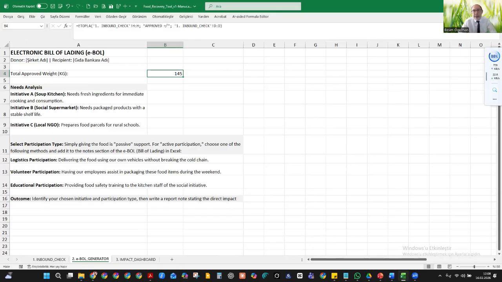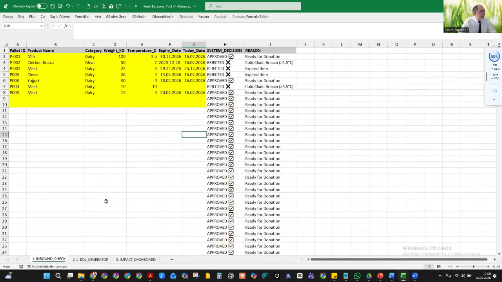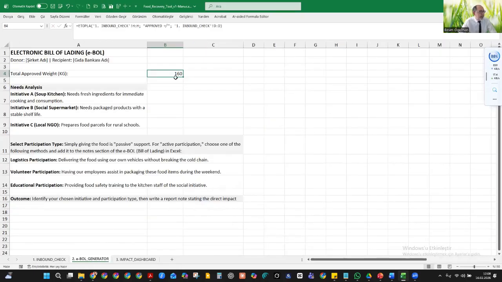In food recovery, if you change something here, then it's going to change, as you see. If you have fresh milk or animal proteins that need to be consumed quickly, you should direct them not to an institution that performs long-term packaging, but to a soup kitchen that can transform that food into a hot meal every day.